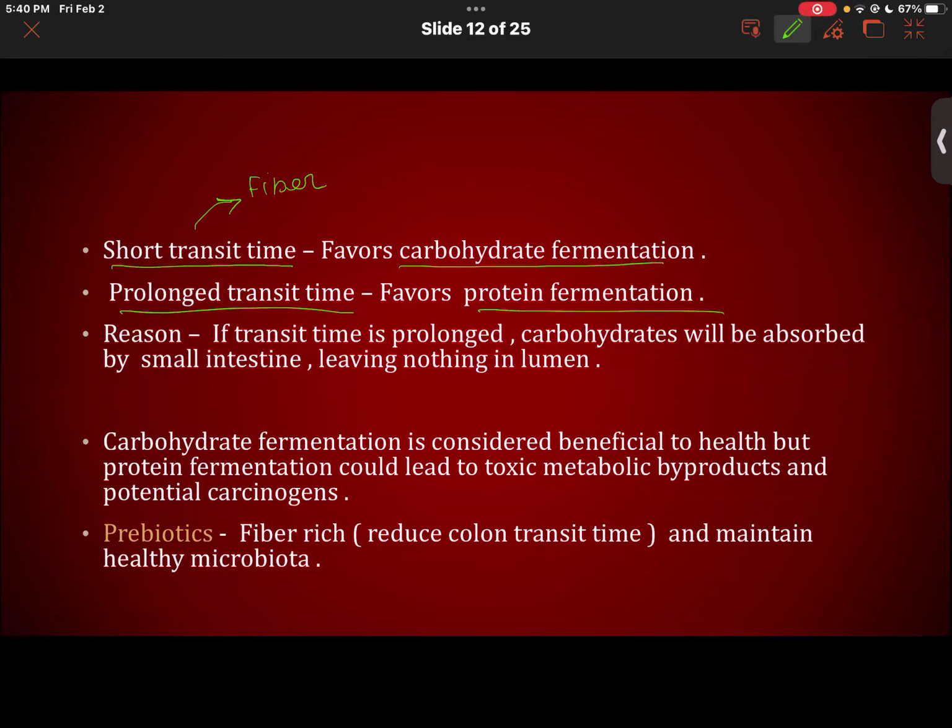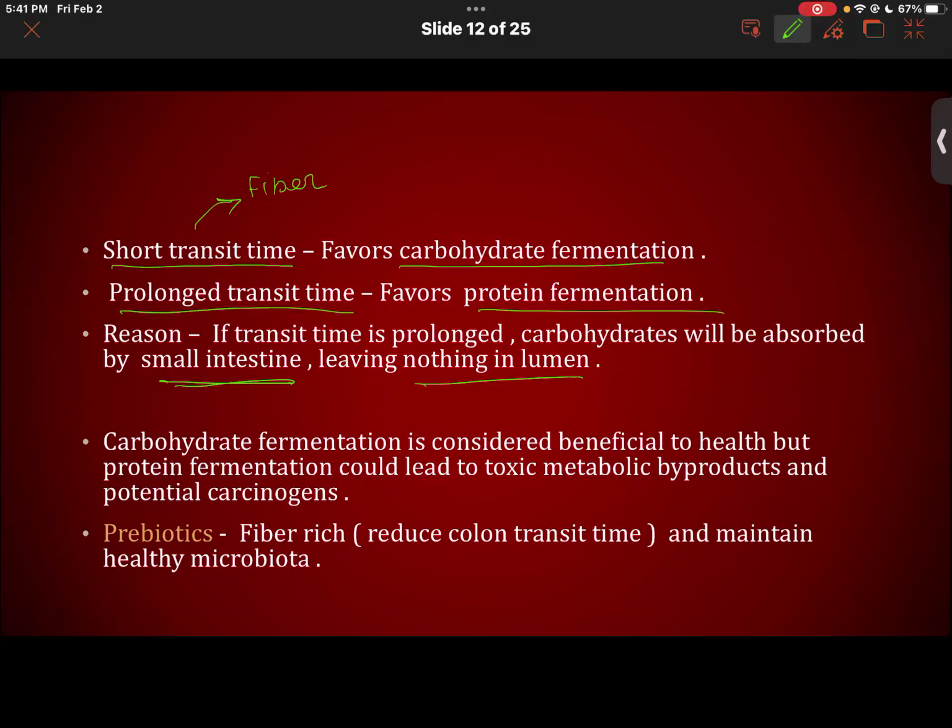This favors protein fermentation. And the reason for this is, if the transit time is prolonged, the carbohydrates will be absorbed by the small intestine, leaving nothing in the lumen. So all the carbohydrates are going to be absorbed in the small intestine, and whatever feces goes to the colon, there's going to be nothing in it except some proteins. And then the bacteria are left with no choice but to ferment proteins, right?